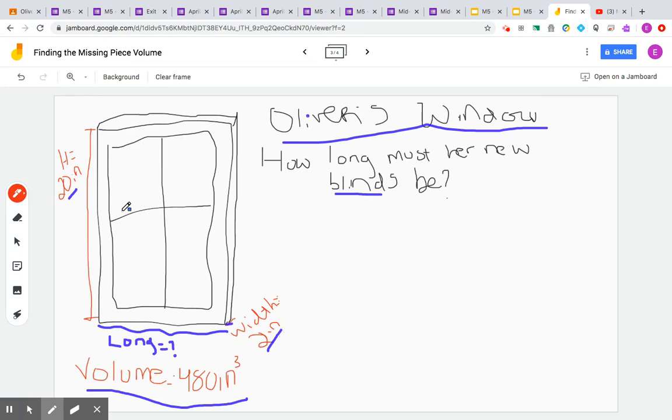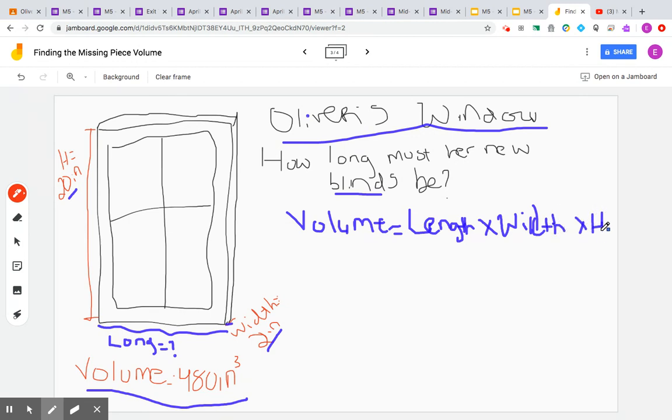Well, what do I know about height, width, volume, and length? I know that volume equals length times width times height.